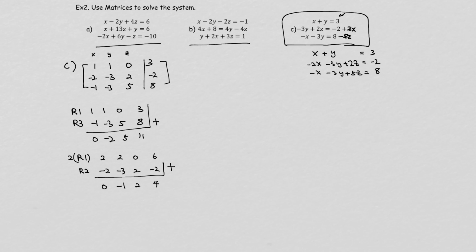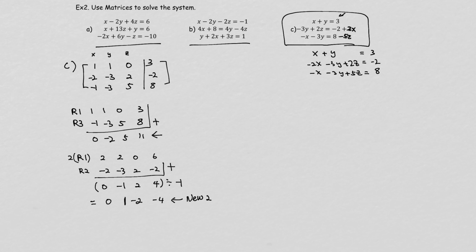I will just multiply this by -1, which equals 0, 1, -2, -4. Let's make this one new row 2 because I made the second column 1.